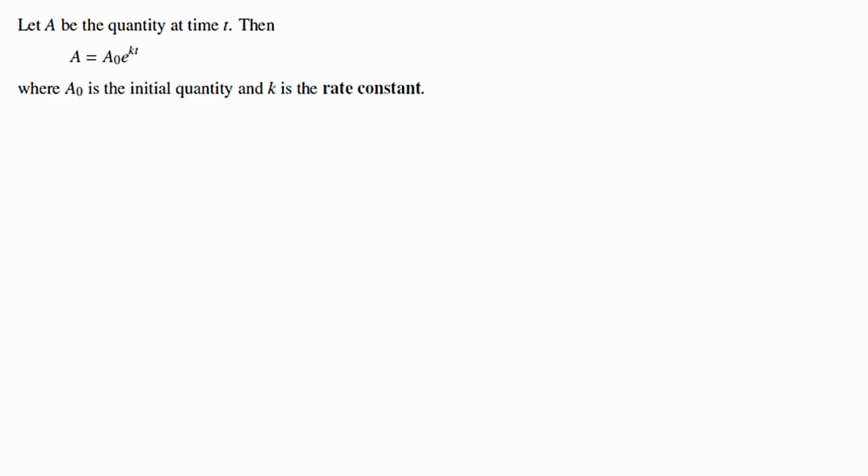Kind of like the amount that I gave you before. I said I had $100 for the laptop. Over the years, it depreciates by 97%. So I did 100 times 0.97 to the power of x. Yeah? In this case here, they're just using different letters to represent an exponential equation. A is the total amount, which is like your y value. A naught is like your initial amount, what you are starting off with. e is your base, unless they tell you what the base is, then you change it.